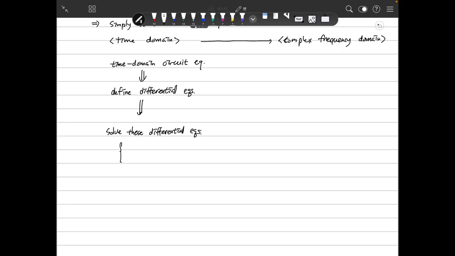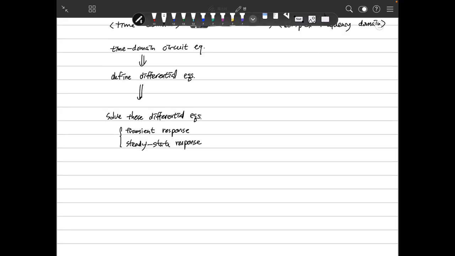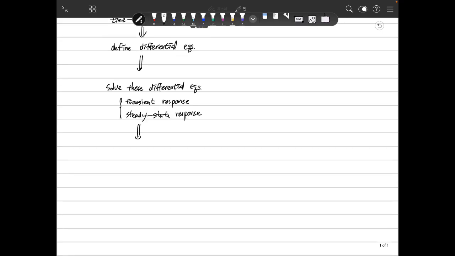We need to get the transient response, and we get the steady state solution and response. Then we add them, so we get the time domain complete solution.